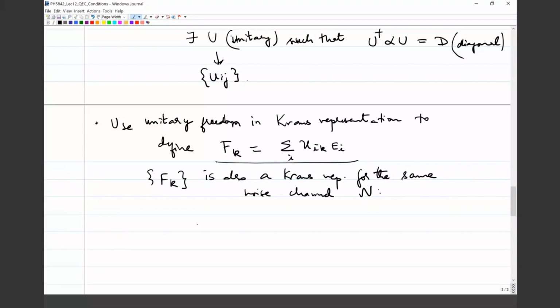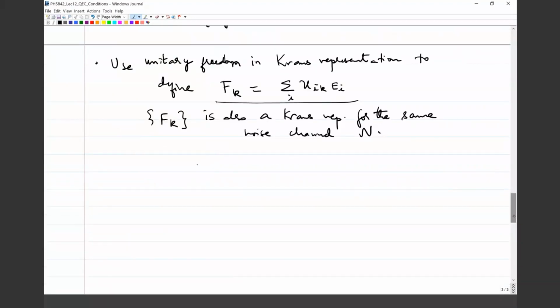Now let us look at what happens to the QEC condition in the Fk representation. Remember, we started by saying that sufficiency means what?